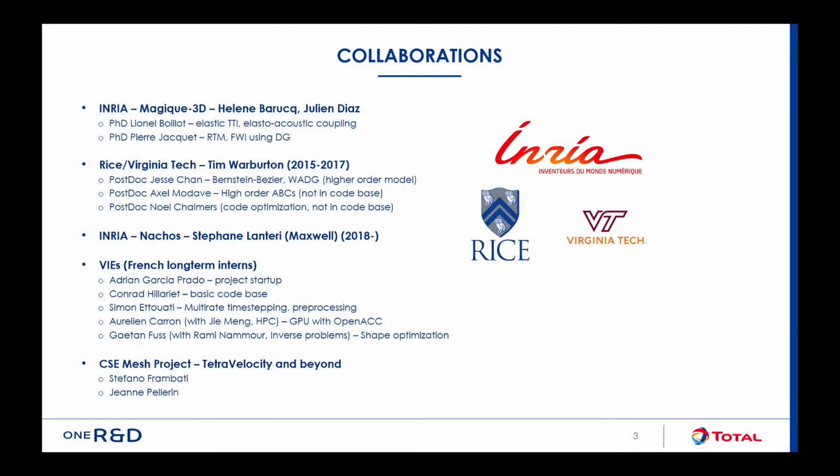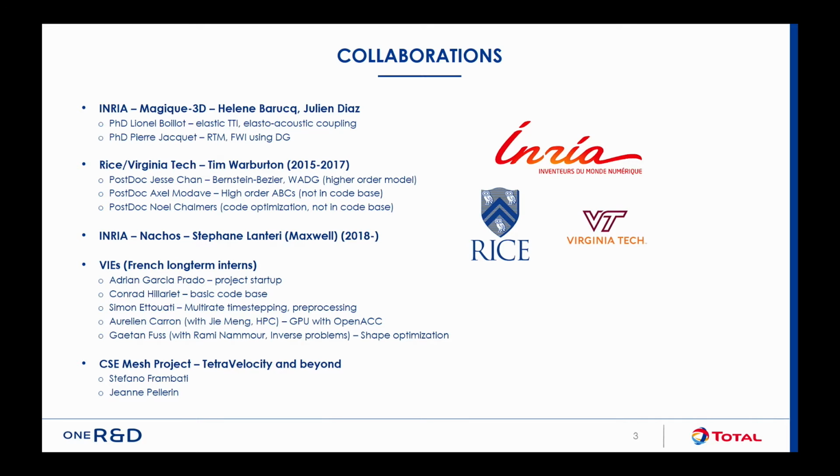So this is a collaboration, a project that started like 4 or 5 years ago, and we have a heavy collaboration with INRIA in France, with a bunch of PhD students, and also most of the VIEs, which are French long-term interns. It's an old military thing, French people can do military service by moving abroad for a year or two.